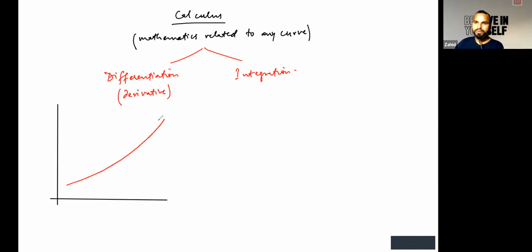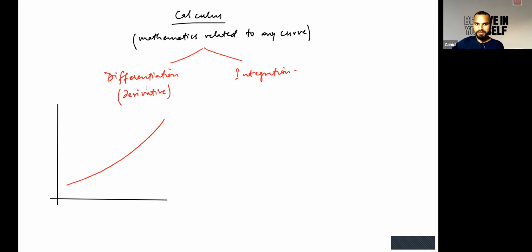Now, if you have to calculate slope, inclination, or rate of change related to this particular curve at any given instant, how will you define it?